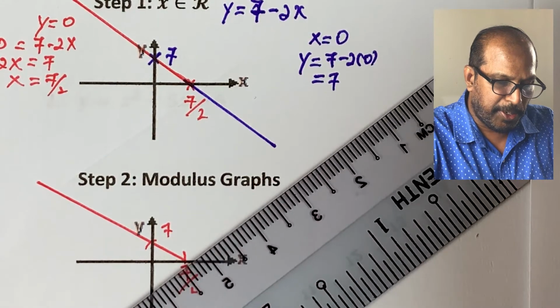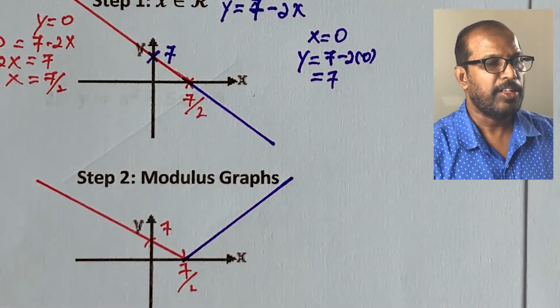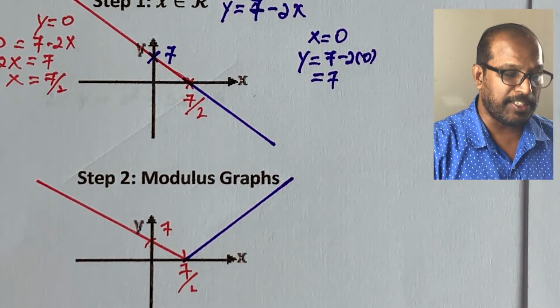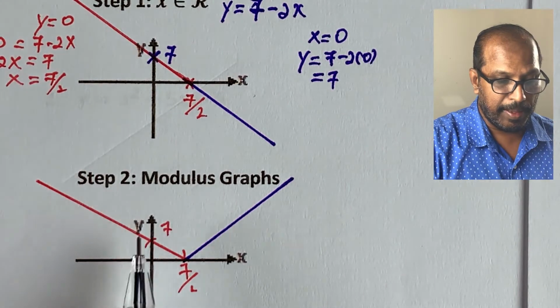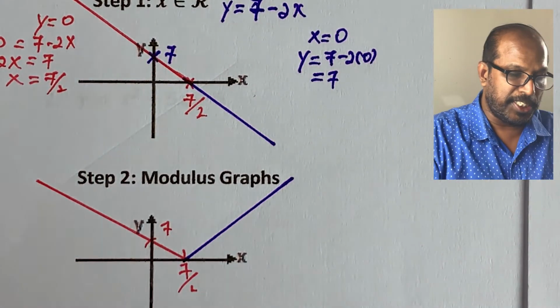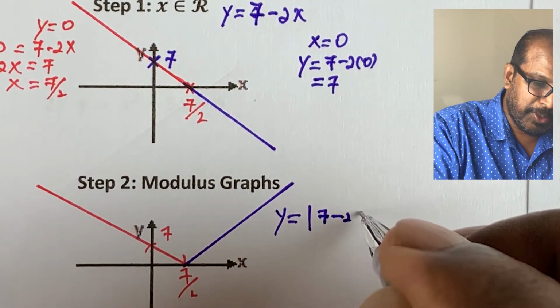So that means the reflection will go here. So I draw the modulus graph between negative infinity and infinity. This is the graph y equals modulus of 7 minus 2x.